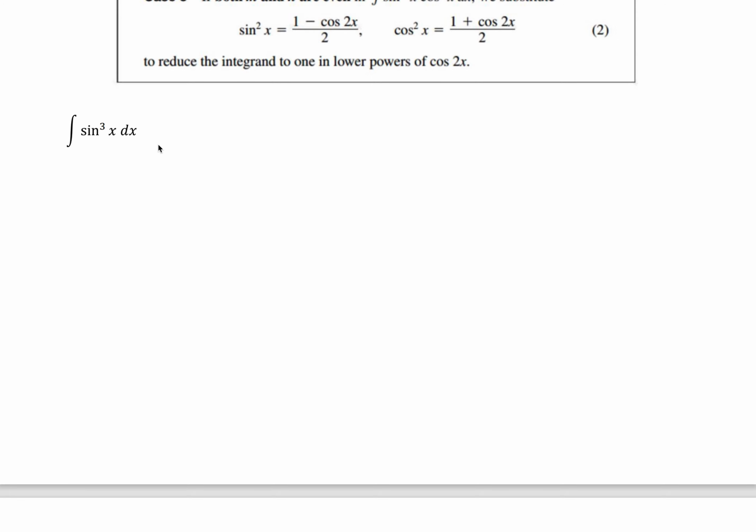So instead of sine cubed x dx, I'm going to write it as sine squared x times sine x dx. So I'm just breaking that apart, and I'm doing that so I can substitute. In place of the sine squared, I'm going to put 1 minus cosine squared.